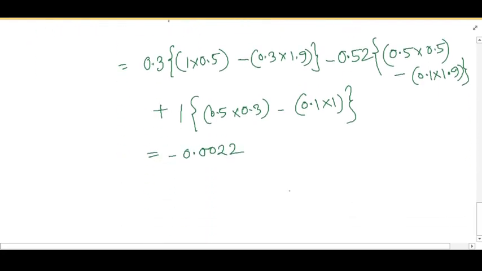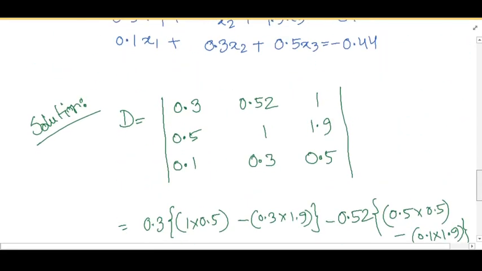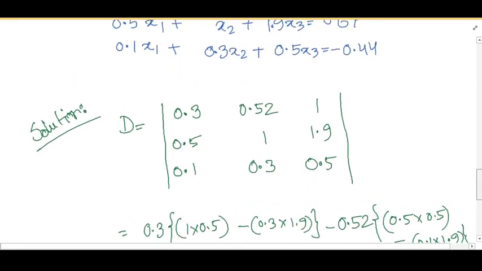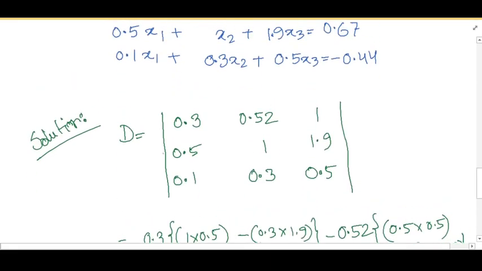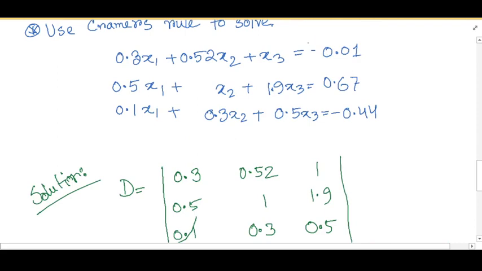This is the determinant. Now how to get the value of x1? x1 will be the determinant of another matrix, replacing the coefficient of x1 with this vector, divided by this determinant.